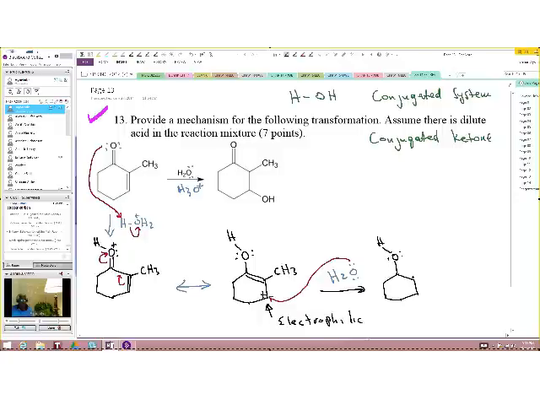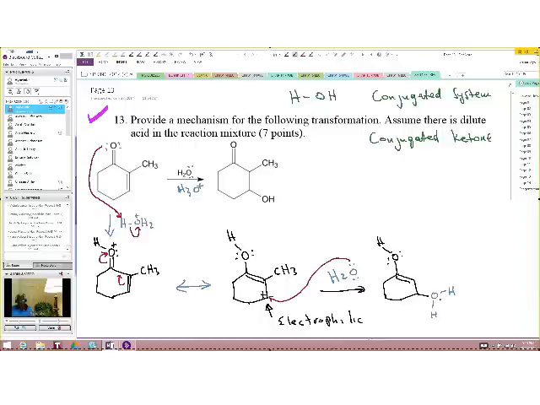Okay, I want to use a blue pen. So now this is positively charged. Of course, only one pair of electrons is left here.